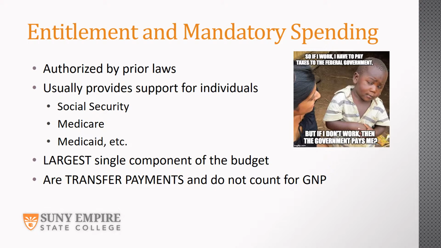This is the largest single component of the budget. However, these are considered transfer payments, as no new products or services are created. Therefore, entitlement payments and other mandatory spending does not factor into the gross domestic product.